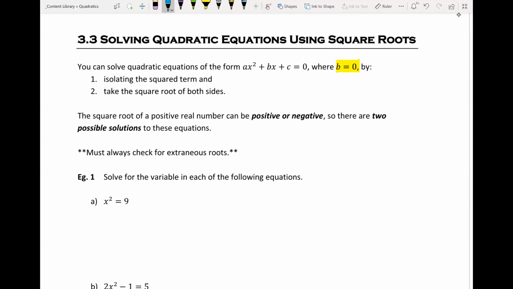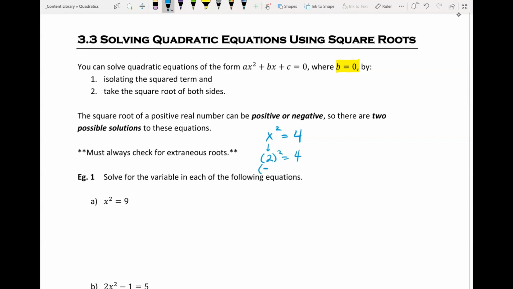The square root of a positive real number can be positive or negative, so there are two possible solutions to these equations. For example, x squared is equal to 4. Well, what can x be for this to occur? x can be positive 2, since 2 squared is equal to 4.